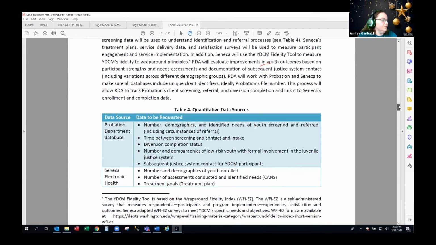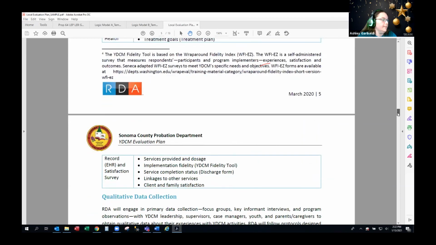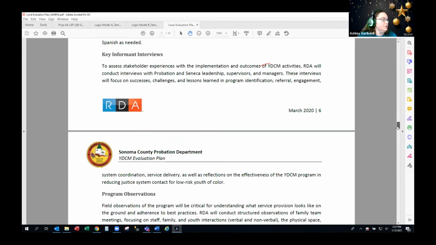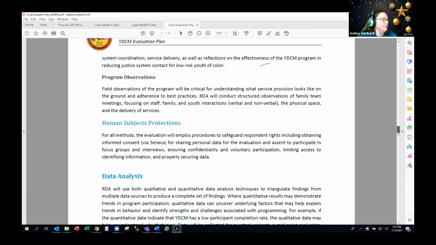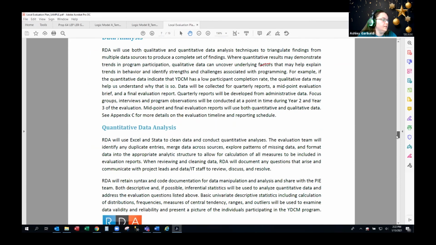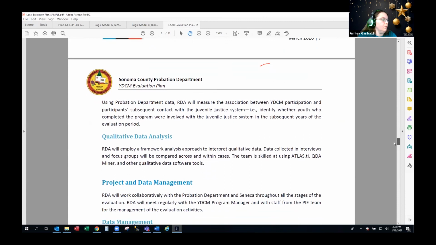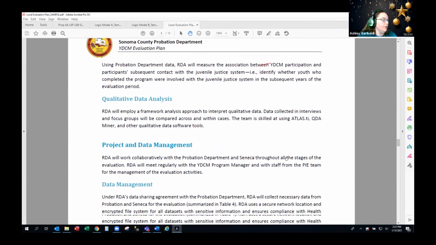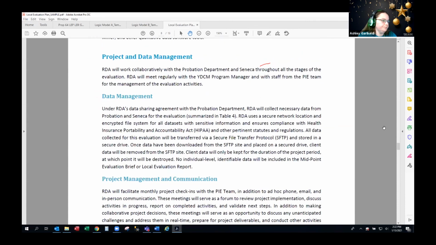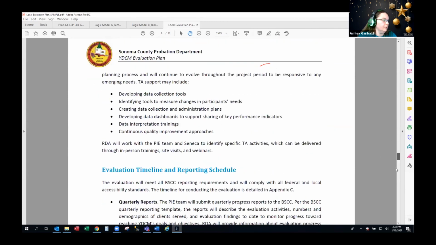And then we have data sources, where we're getting them and what it actually means. The data is going to be requested, data collection, observations, analysis, qualitative and quantitative, how they're actually going to manage their project, et cetera.